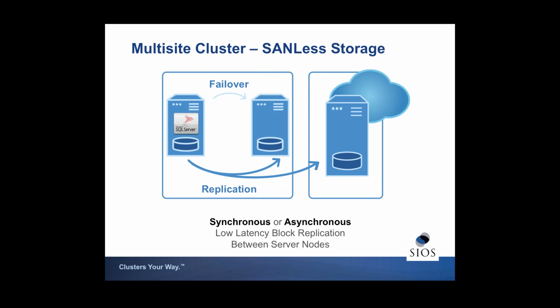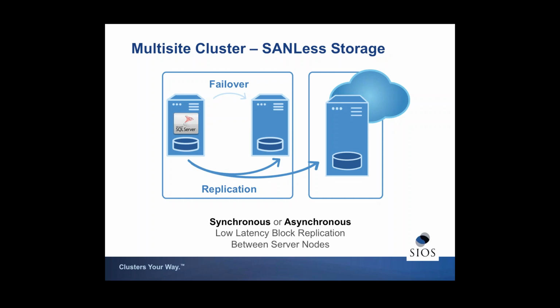And should I have a failover and the 2nd node comes online, well, that new server becomes the source of data replication, and it would replicate back to server 1 and then over to server 3. So with this type of solution, you don't have to worry about mirror management, making sure that your data is replicating in the right direction. That happens automatically, and it's all controlled through failover clustering.